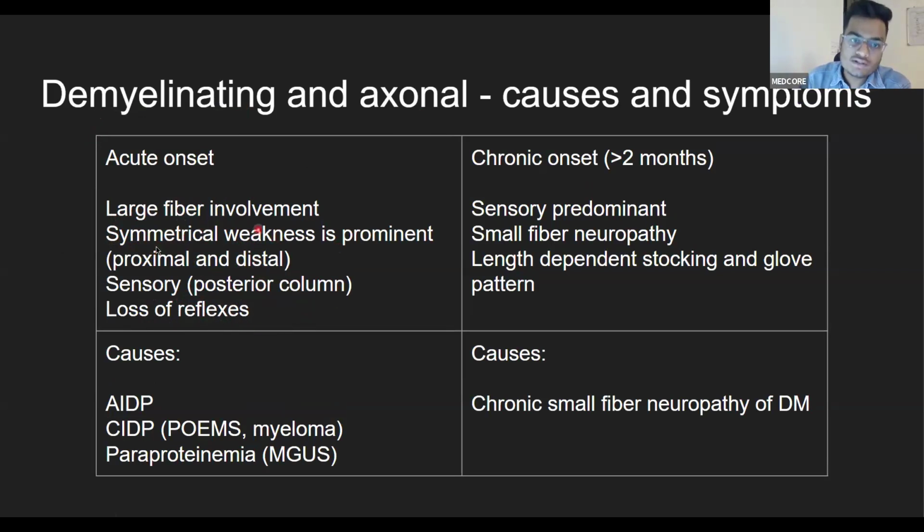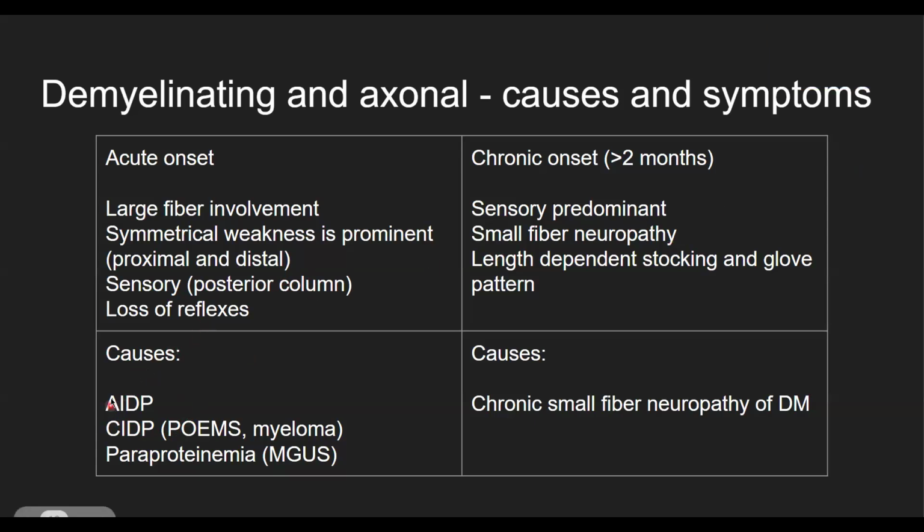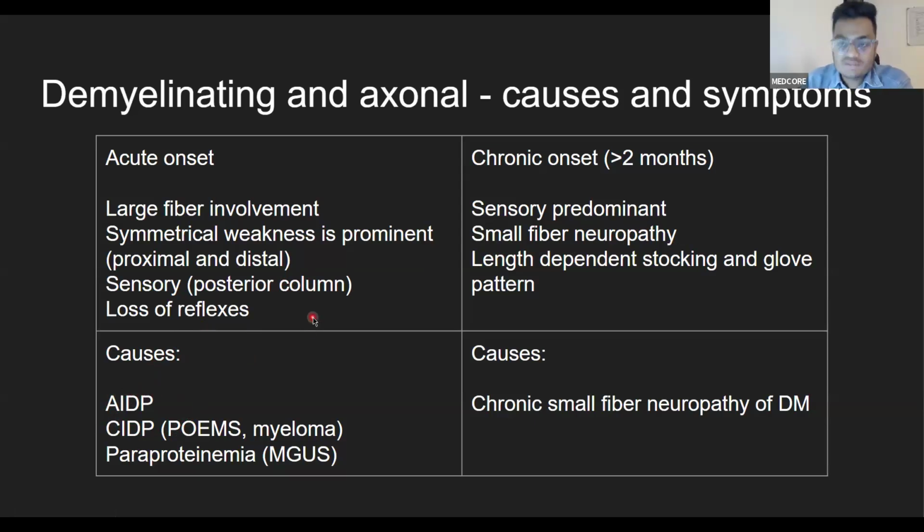If a patient is coming to you with tingling and numbness of lower limb and a proximal plus distal weakness, does this point towards AIDP to you or not? Just let me know yes or no. The AIDP pure motor, sir. See, AIDP or CIDP can have a sensory motor presentation.